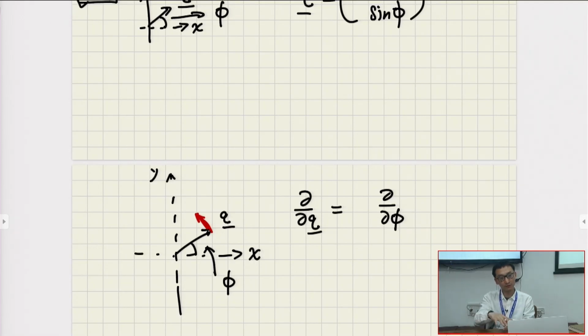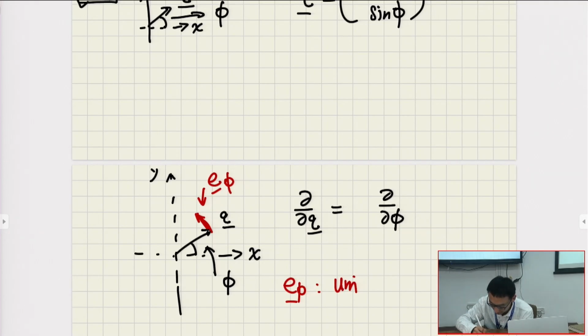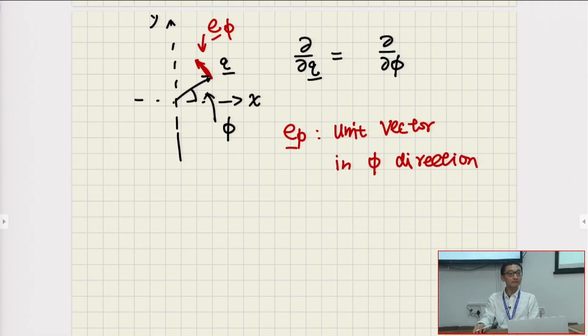In polar coordinates, let's define e of phi as a unit vector in the phi direction. Does that make sense?